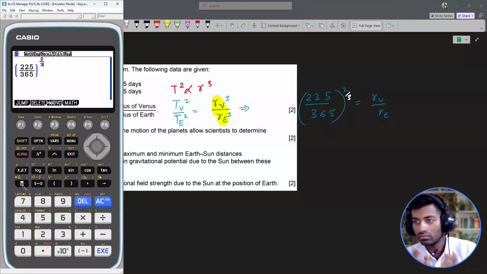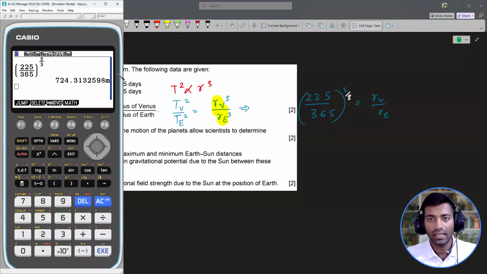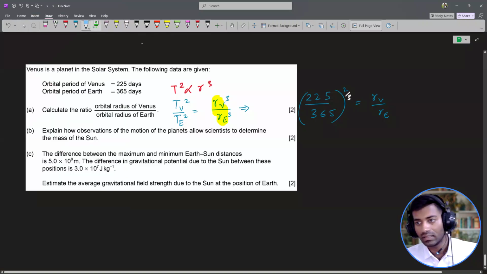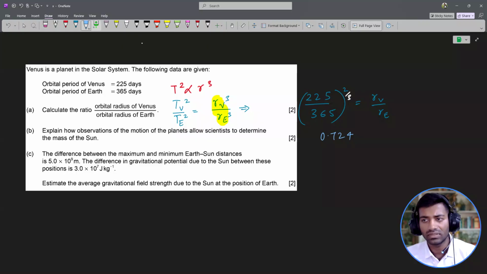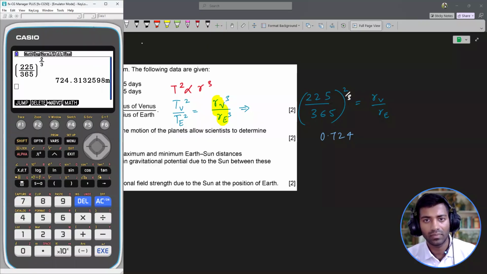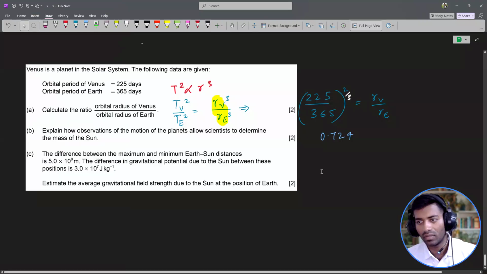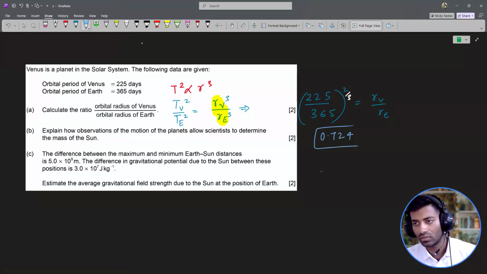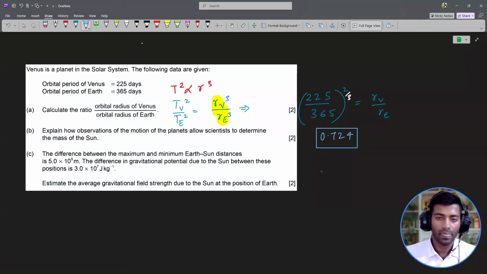This comes out to be 724 times 10 to the power negative 3, so you can write it as 0.724. I believe we are looking at 3 significant figures, so when rounded off, this is 0.724. That is the ratio, the answer to part A.